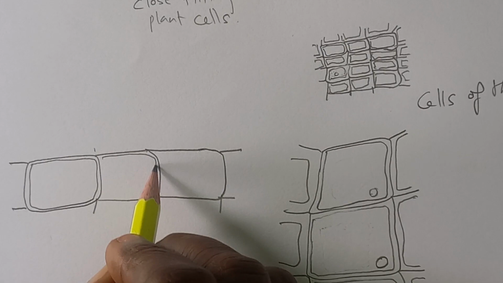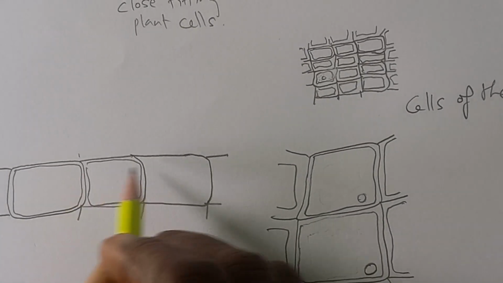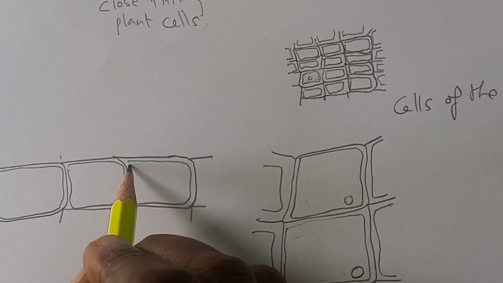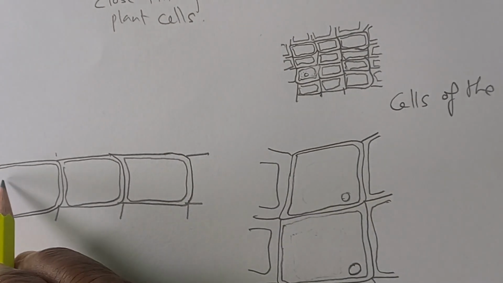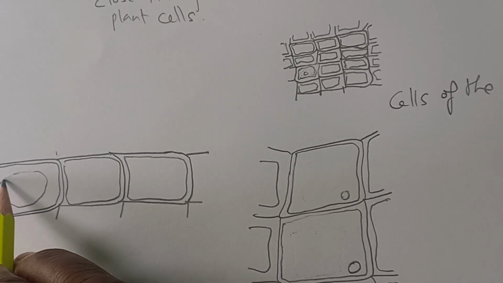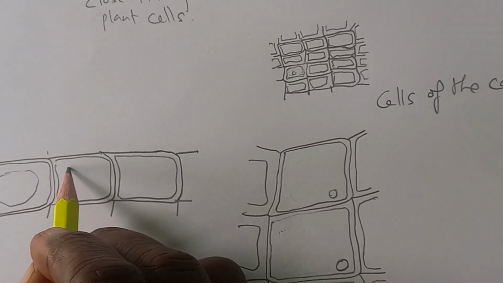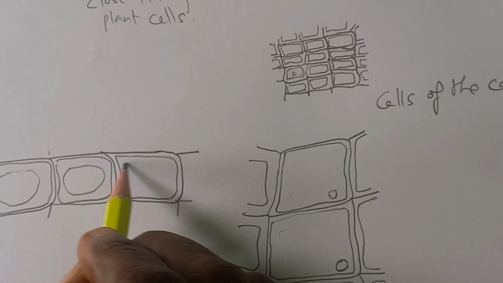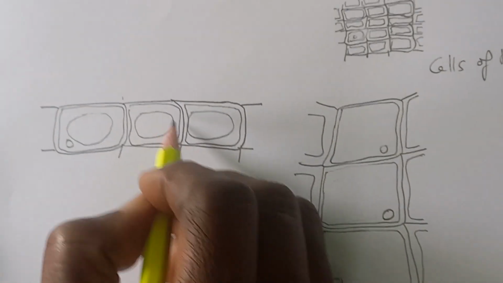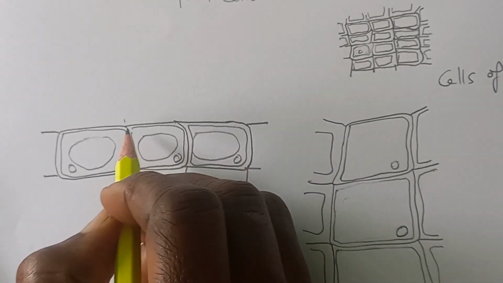So we put in all the inner walls very fast. The epidermal cells, if we can see the nucleus and the cytoplasm, of course, there will be a large vacuole in there. So you have vacuoles. And then the nucleus should not be shaded.